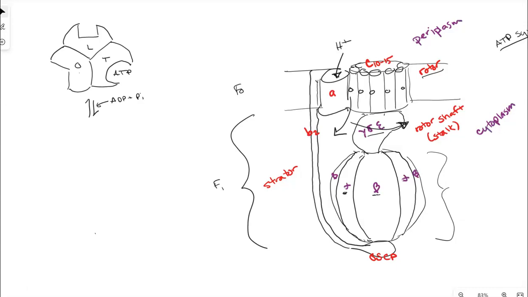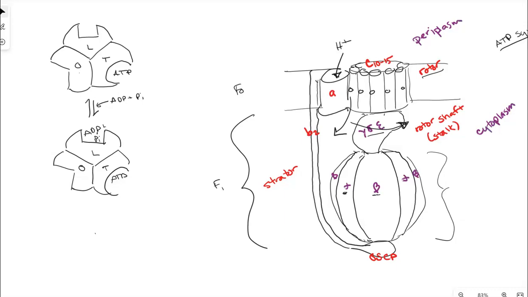And what that would look like is this. We put the ADP and phosphate in the L binding site, and the ATP remains bound in the tight site, and there's nothing bound in the open site.